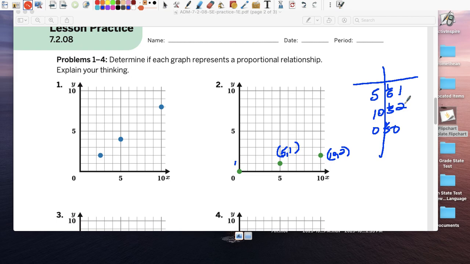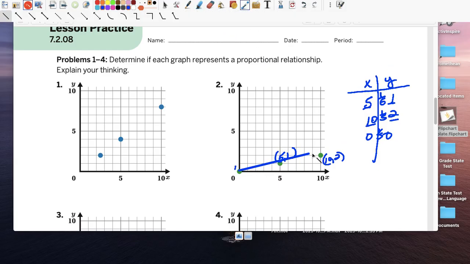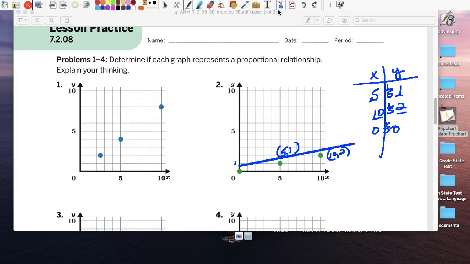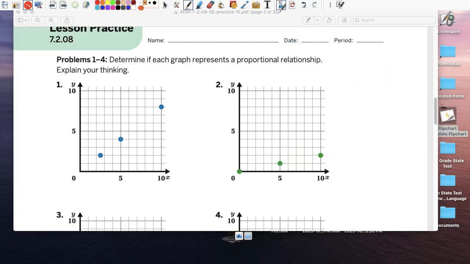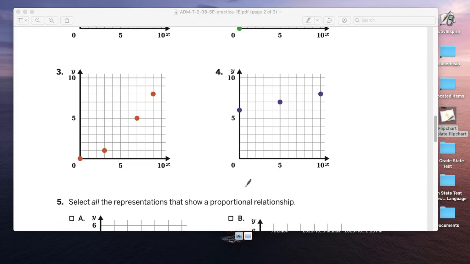Does it work? Yes, it does. So is it the same constant of proportionality for each pair, between the 5 and the 1 and 10 and 2? Yes, it is. So from a table's perspective, it is. From a graph perspective, it is, because I can connect these. It goes through 0, 0, and is a straight line. Okay. That's it.